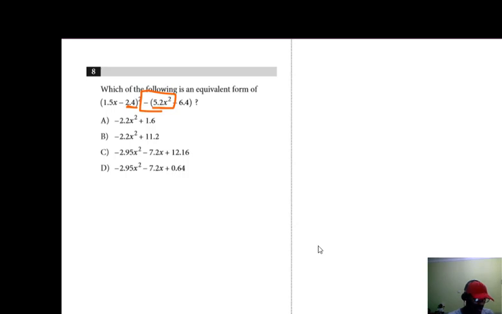That gives me 5.76. So let's see, here minus a minus, I should add here 6.4.